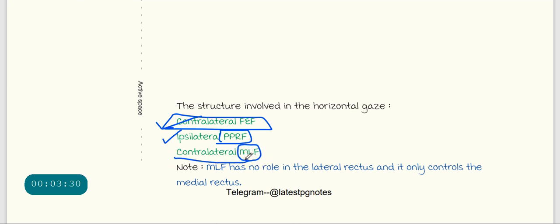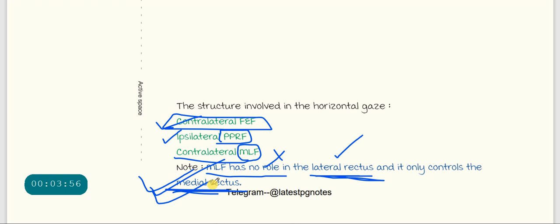What does contralateral MLF mean? The medial longitudinal fasciculus. Okay, so what is the note given over here? That MLF has no role in the lateral rectus and only controls the medial rectus. Okay, so it has no role in the lateral rectus, it only controls the medial rectus.